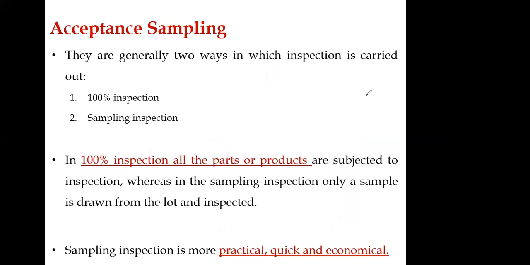Sometimes we can't select all of it. Industries, especially some apparel companies, use 100% inspection. It means they select all the items in the population and inspect them. But it's not easy. As I said, sometimes the population is very large, so it's not easy to handle all the items in our population.